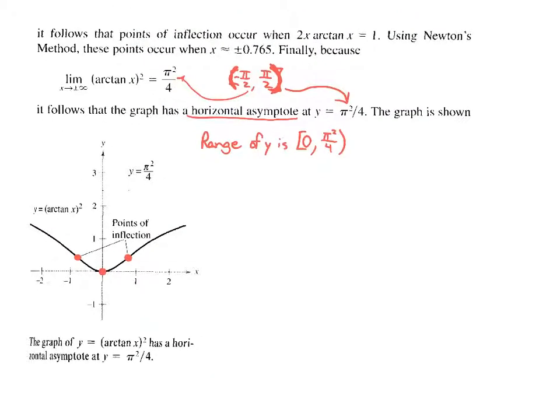We can also then look at intervals of concavity, concave up and concave down. It's concave up between negative 0.765 to positive 0.765.